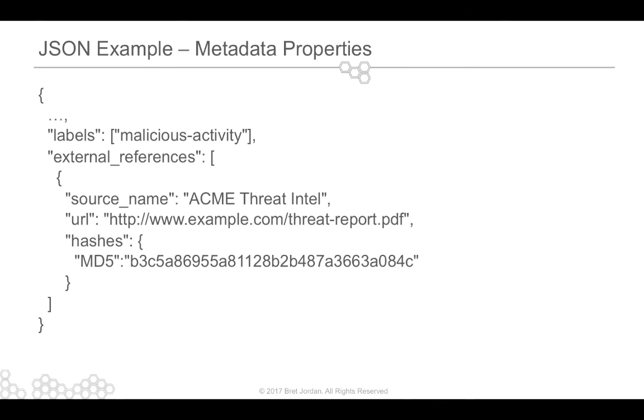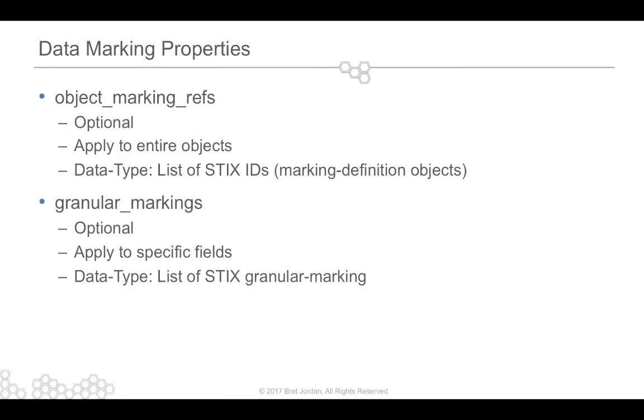In this example, I have removed the first 6 properties to make it easier to see the metadata properties. The object marking refs is an optional property that is used to specify specific data markings and/or data handling requirements for the object as a whole.